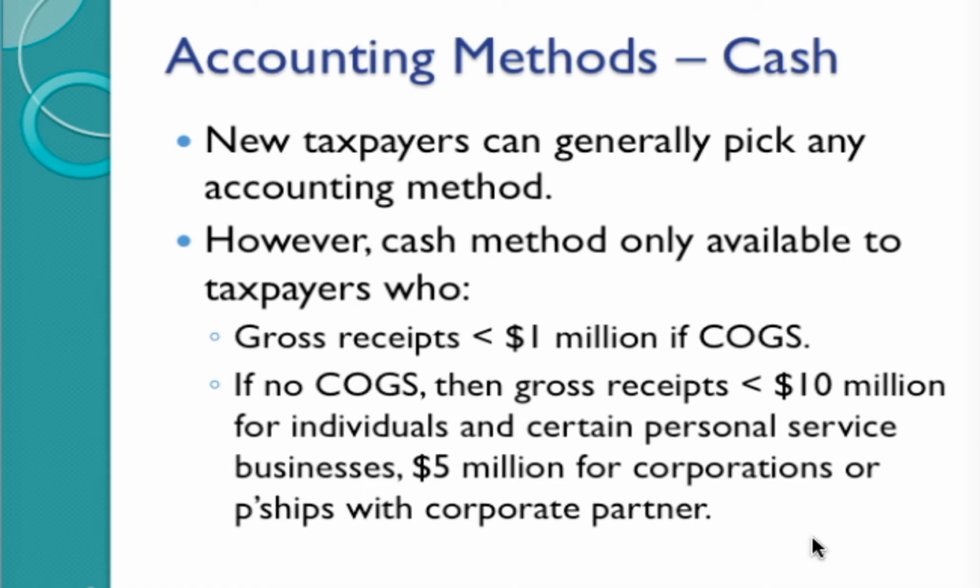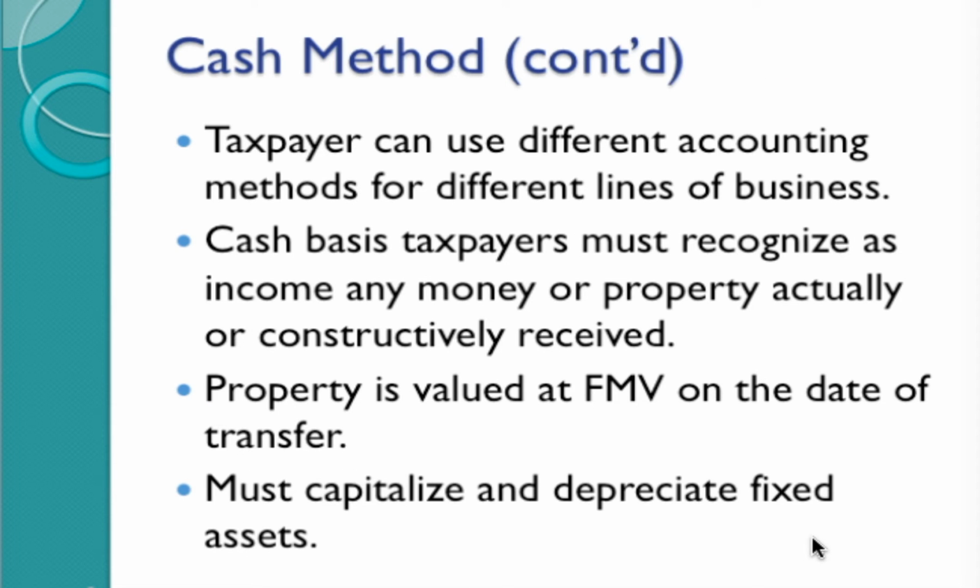If there's no cost of goods sold, then it's gross receipts less than $10 million for all individuals and certain personal service businesses, and $5 million for corporations and partnerships that have a corporate partner. If a taxpayer has different lines of business or different business entities, then different accounting methods can be used for each of those.